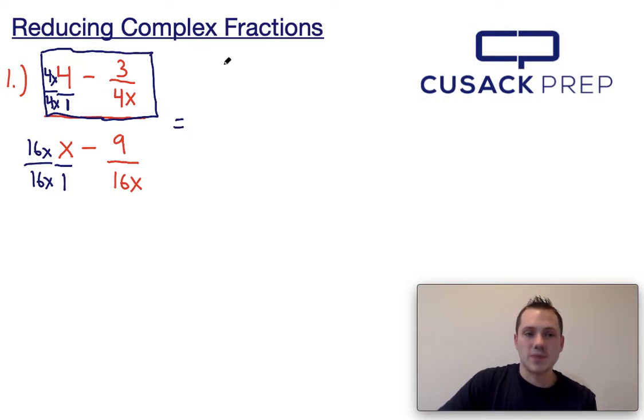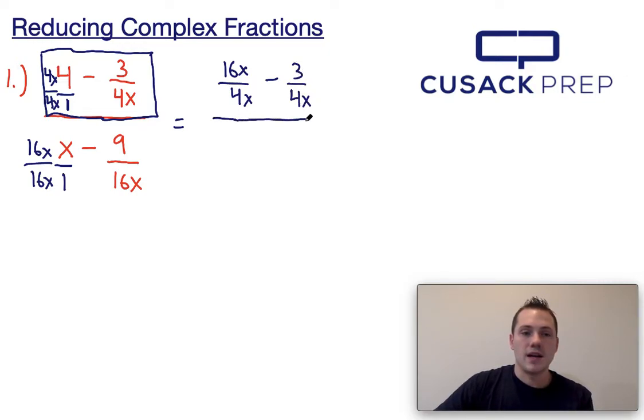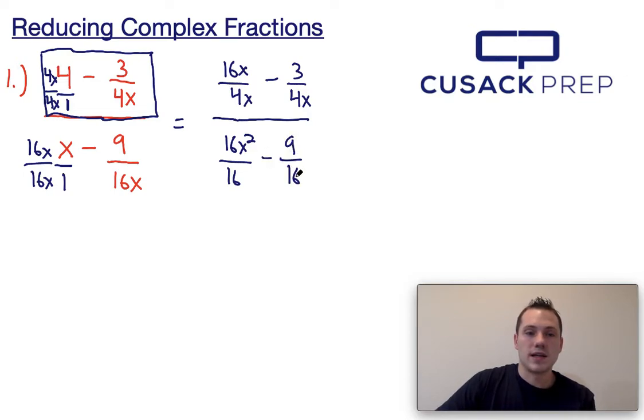4x times 4 is going to be 16x over 4x, and that's going to be minus 3 over 4x. Down here in the denominator, 16x times x is going to give us 16x squared over 16x, minus 9 over 16x. Now, we know the rules of adding and subtracting fractions.